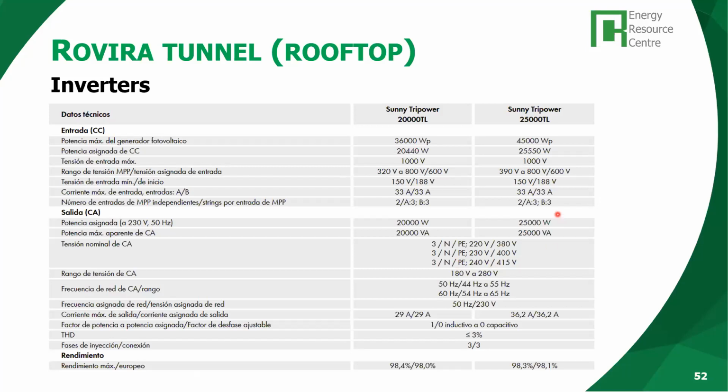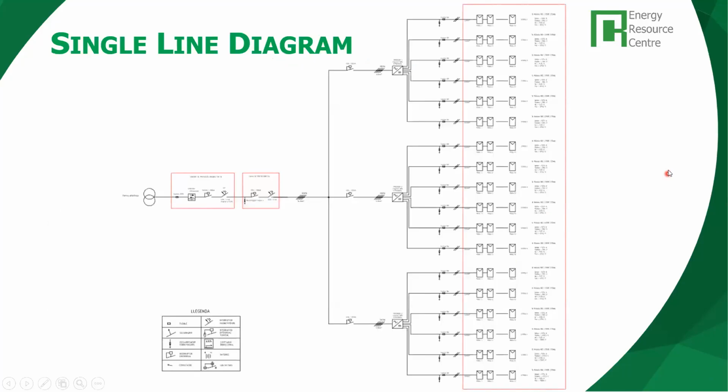Exactly. I also chose a little bit less inverter power, in this case 75. The output of the inverters is 3-phase, right? Yes. So 3-phase output, 400 volts.